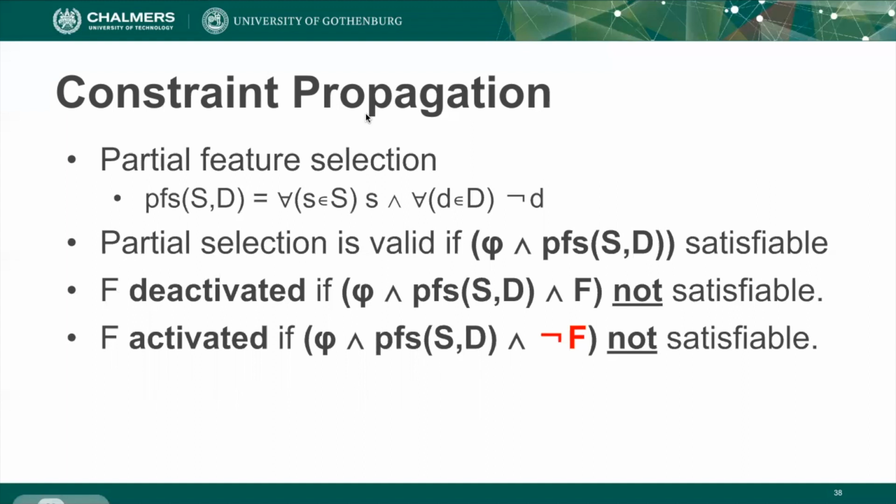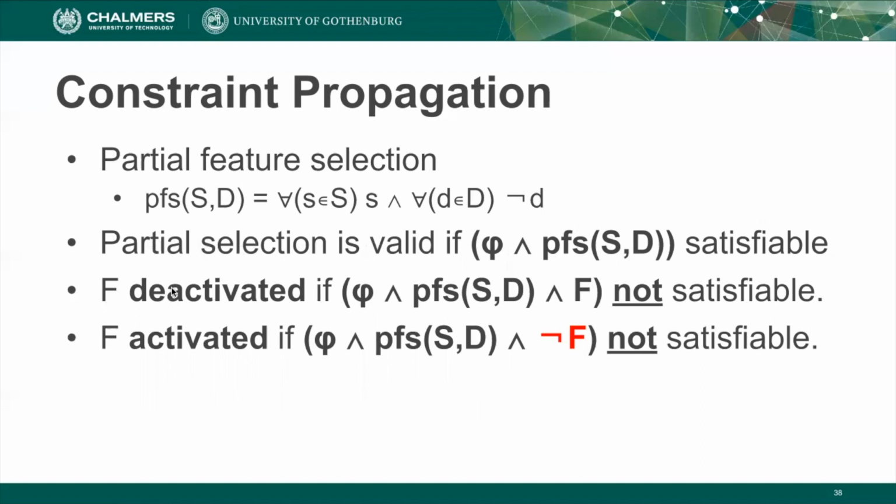Right, and so a partial selection is valid if we can satisfy phi and what we've already pre-chosen as being selected or not selected. So if we can get back a feature selection from the SAT solver that satisfies all the constraints in the model and meets what we already partially selected, well, that means we have a valid partial selection.